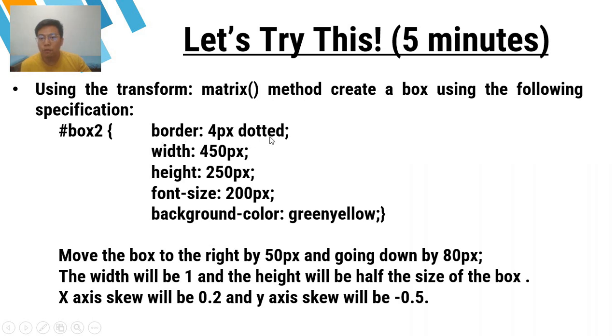We have a border of 4px dotted, width 450 pixels, height of 250 pixels, font size of 200px, and background color of greenyellow. For the method, move the box to the right by 50px and down by 80px. The width scale will be 1 and the height will be half the size of the box, and the x-axis skew will be 0.2 and the y-axis skew will be negative 0.5. Please pause the video and do the activity for 5 minutes.